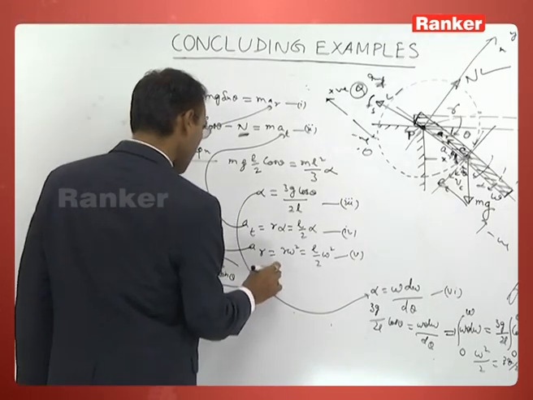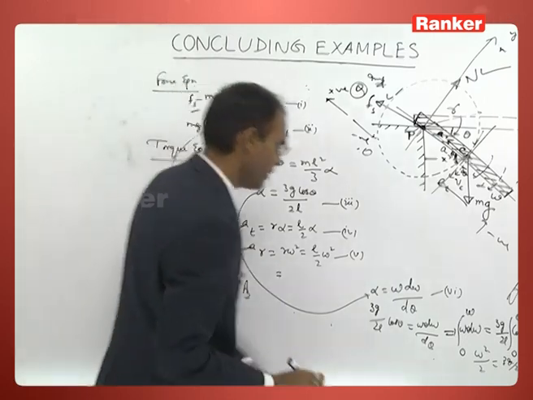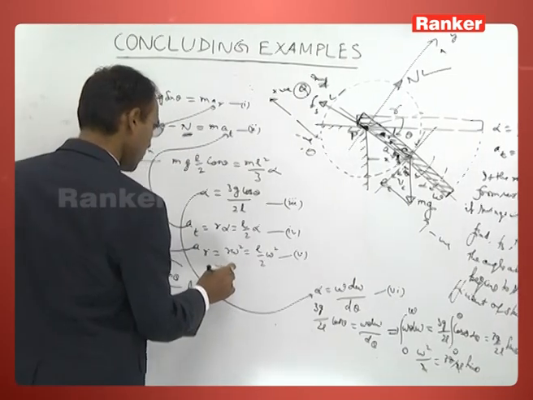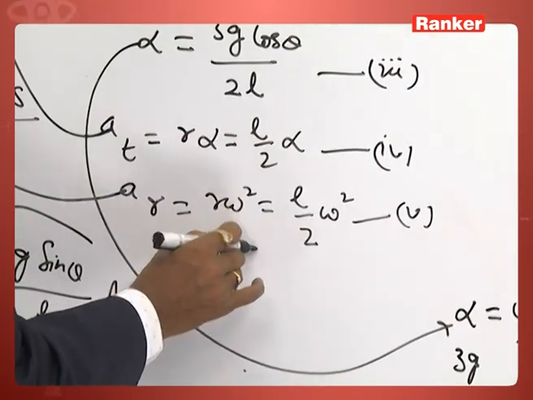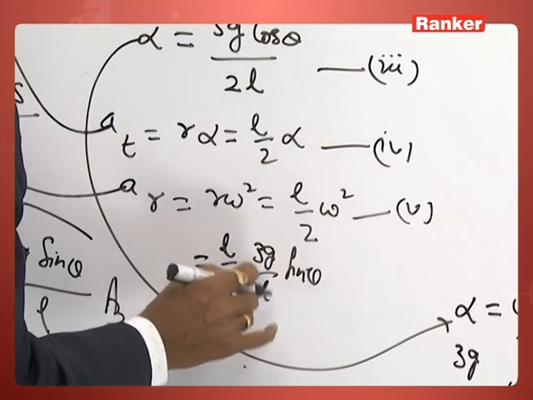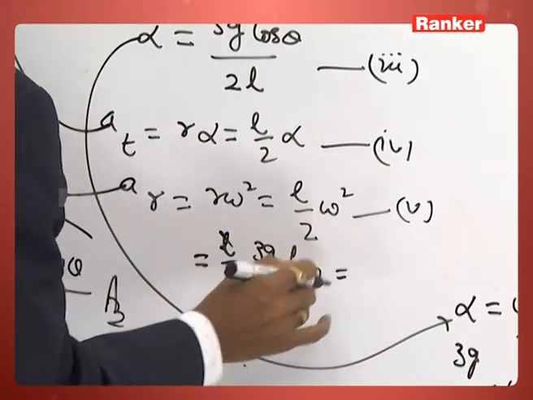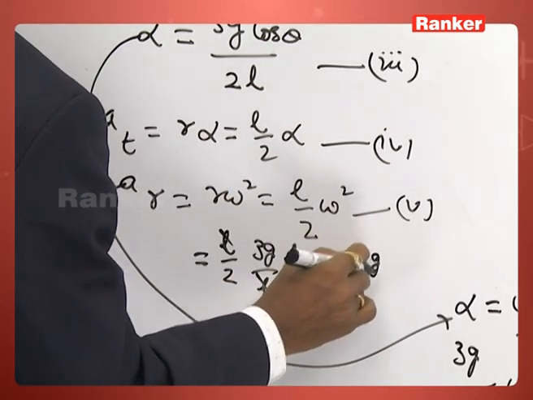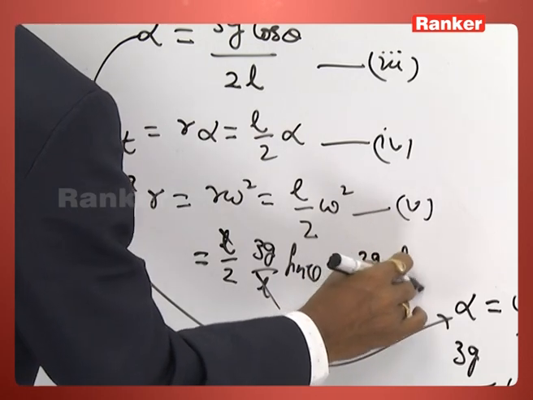So, omega, how much are you getting? Square root of 3g sin theta by L. So, you substitute the omega square value, that is equal to 3g by L sin theta. So, the radial acceleration, AR, will be equal to 3g by 2 sin theta.